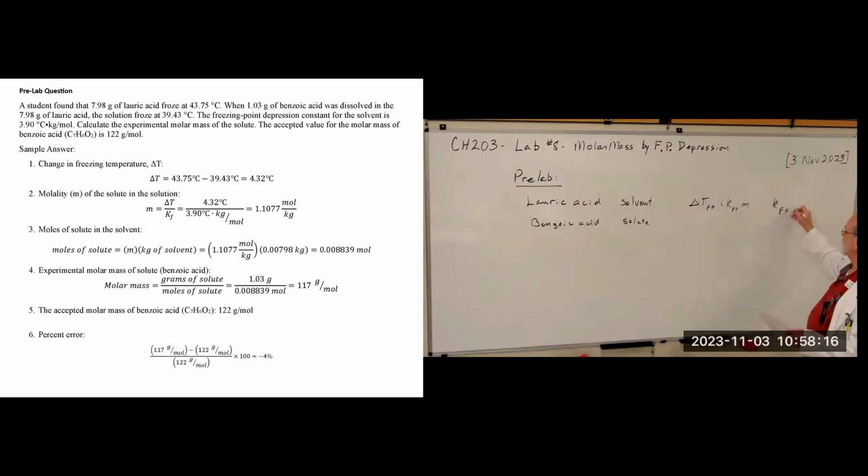This K freezing point for lauric acid is 3.90 degrees C per molal, but the way they've written it is degrees C kilograms per mole. Notice molality is in the denominator.